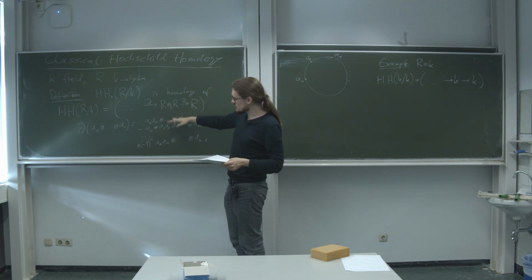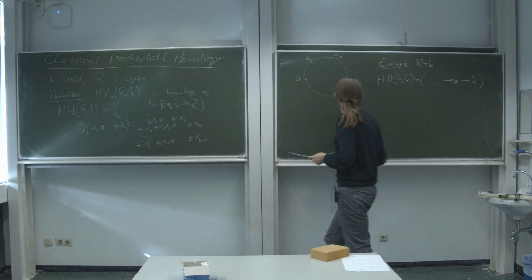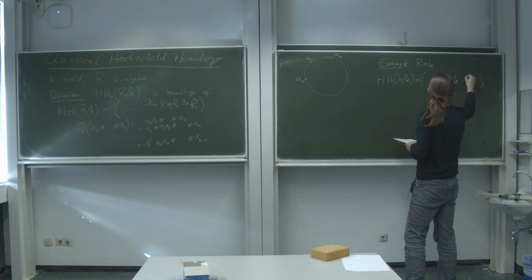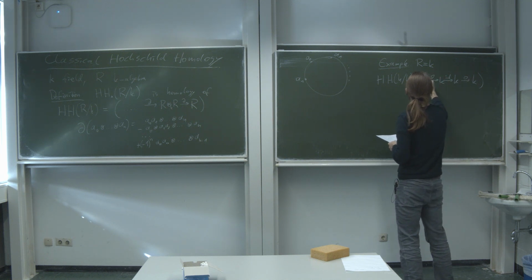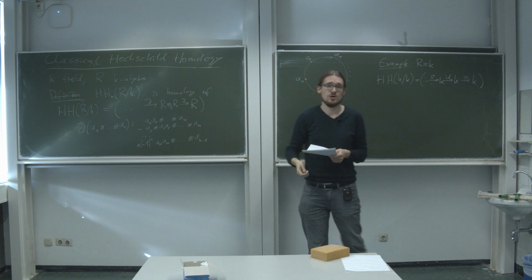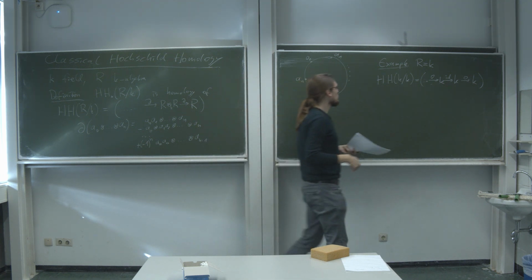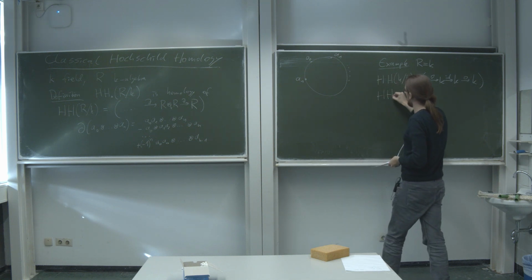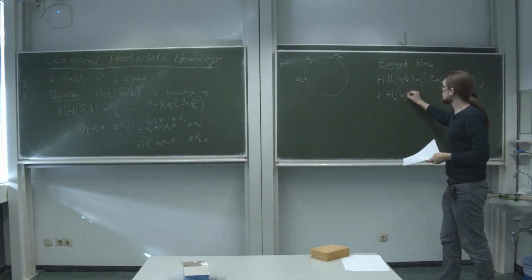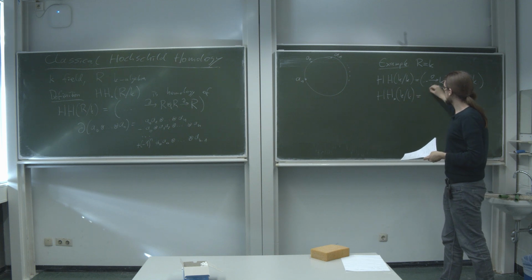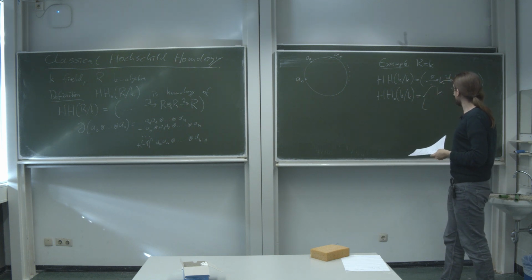So depending on whether this is an even or an odd number of summands, you get either 0 or 1. So what you can work out is that this complex explicitly looks like this, where all the differentials are either 0 or the identity. So the homology of this complex is then simply given by K in degree 0 and 0 otherwise.